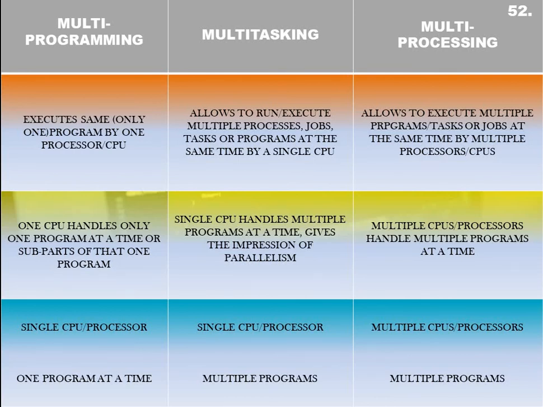While in multitasking, that is not the case. One CPU or processor is busy with multiple tasks of multiple programs at the same time. While in multiprocessing, multiple CPUs or microprocessors are busy executing multiple tasks of multiple programs at the same time. Hope now the difference is clear to you.